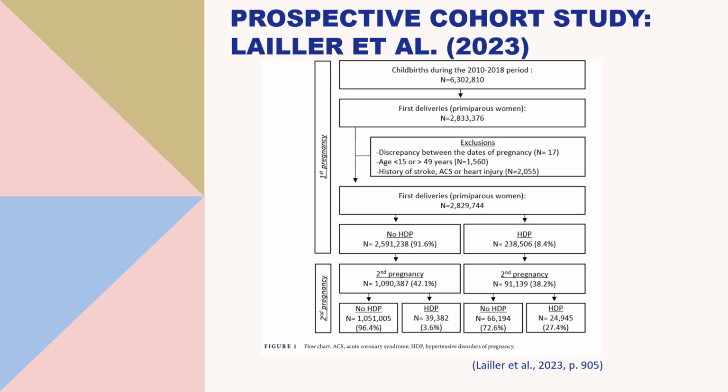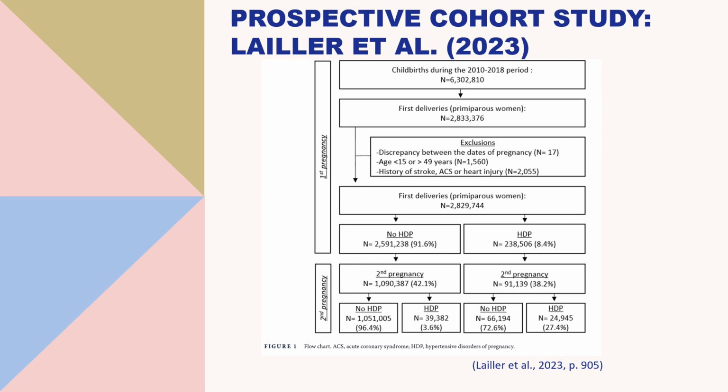As in the chart shown previously, the authors began with a defined sample of 2,829,744 pregnancies between 2010 and 2018. 8.4% of the sample was exposed, meaning they developed a hypertensive disorder during their first pregnancy. 91.6% of the sample was not exposed, meaning they did not develop a hypertensive disorder.